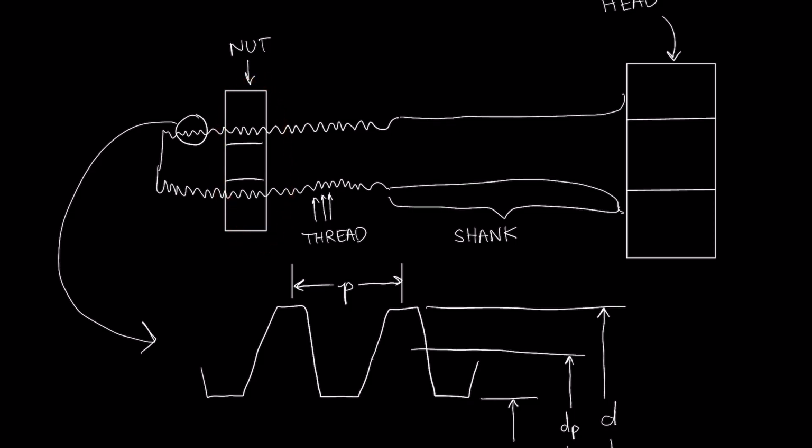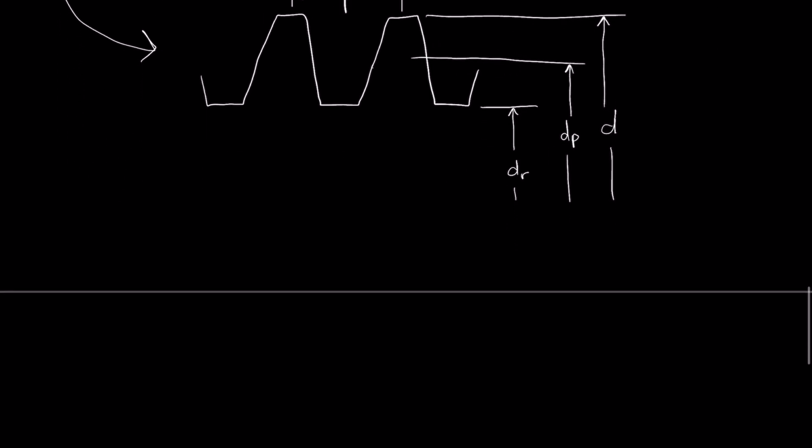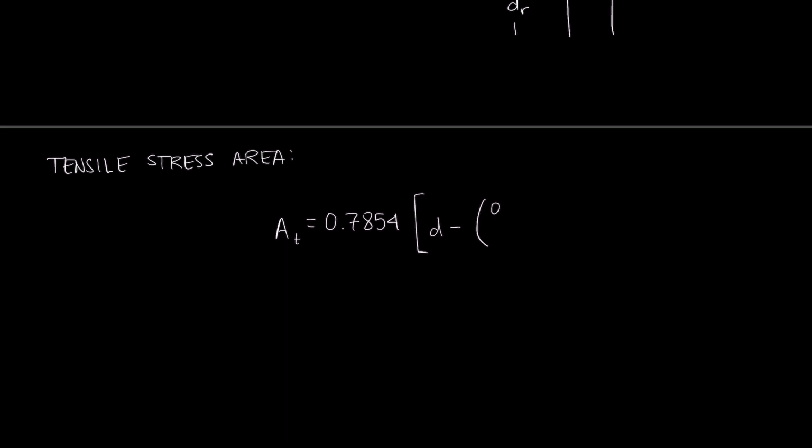We want to be able to calculate the tensile stress area, which is the effective area in the threaded portion of the bolt that we can use to calculate the stress in the bolt, given a particular force that is felt through the bolt. So to calculate the tensile stress area, we can use this equation where AT is the tensile stress area.